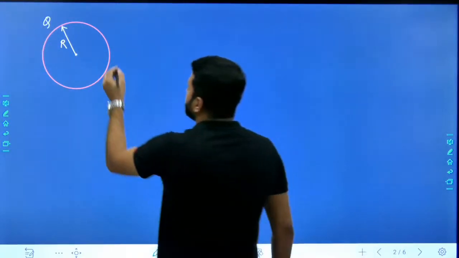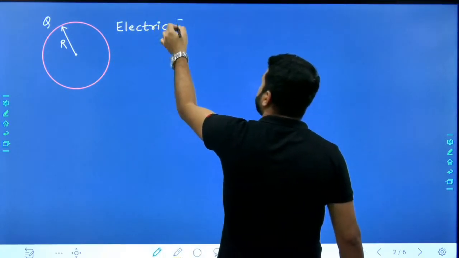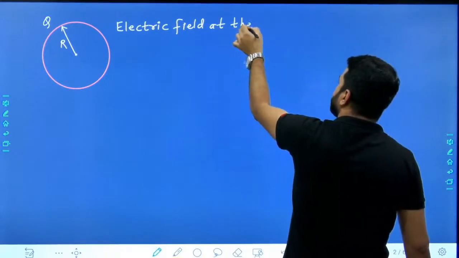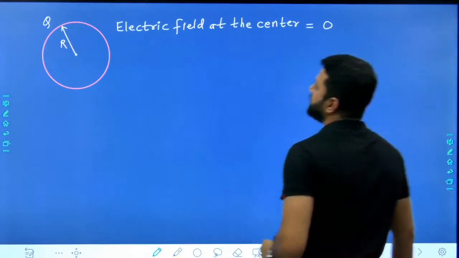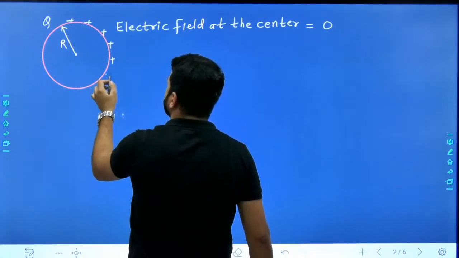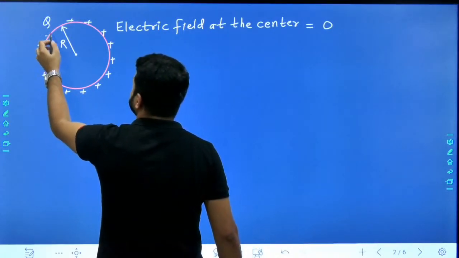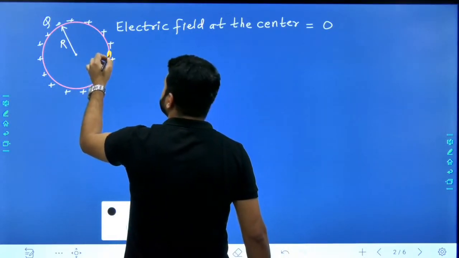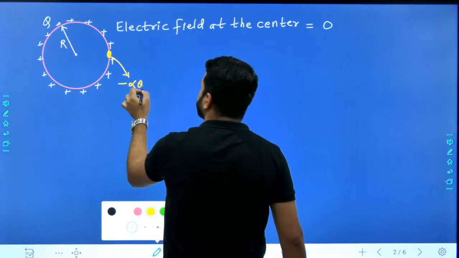Okay, so the electric field at the center is 0 because the charges are distributed on the surface. So the electric field is 0. The charge we have written here is minus alpha q.